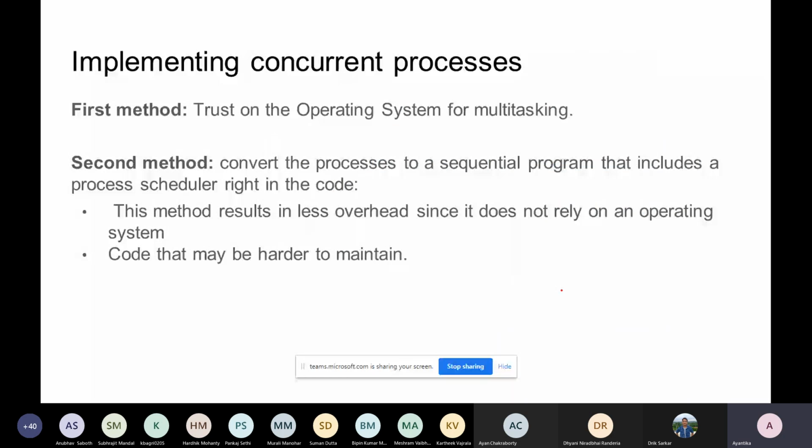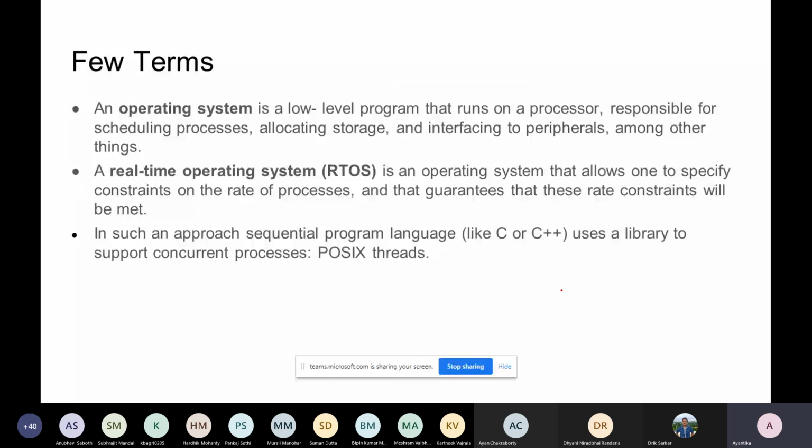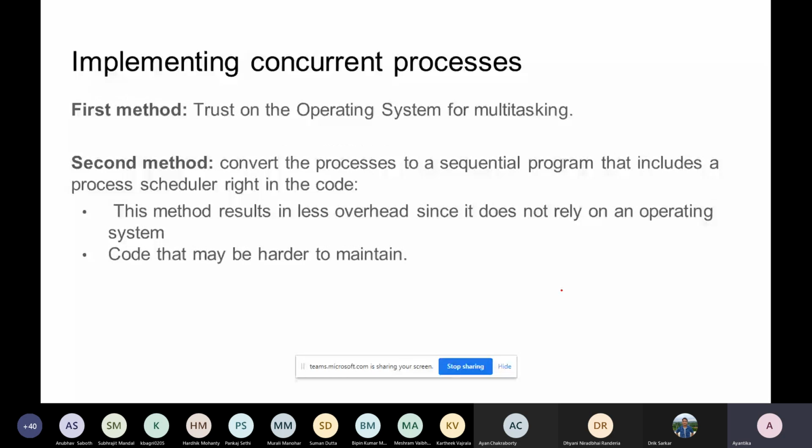And in most cases, this implementation is taken care of by the operating system. I think you have this idea because you have already gone through the discussion of multitasking and real-time operating systems, right?